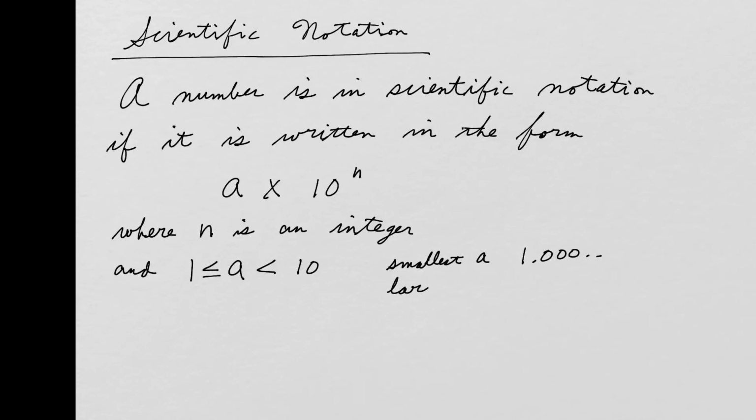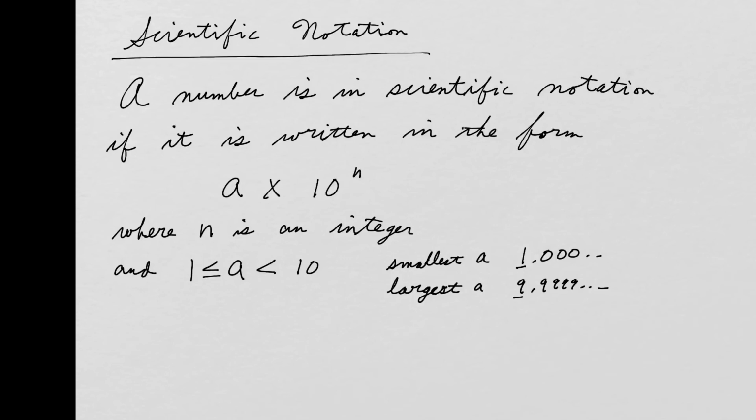The largest it can be is 9.9999. So a is always, if you write it as a decimal, it's going to have one digit and then the decimal point. That's what we mean by has to be greater than or equal to 1 and less than 10. It's always going to be some digit, followed by a decimal point, and then the rest of the number.